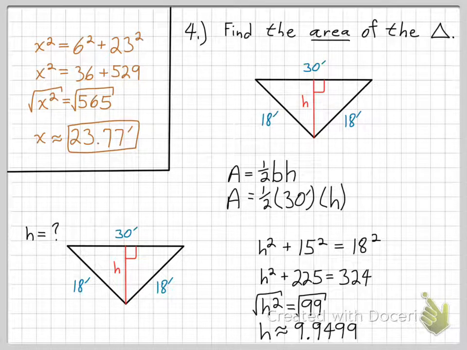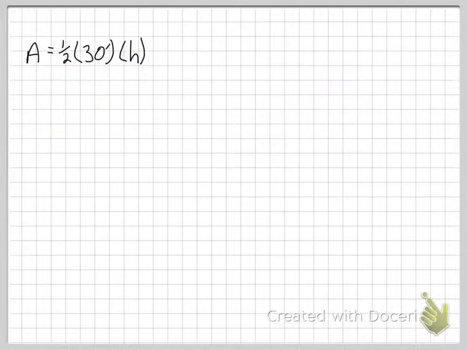Your calculator carries 18, 21, or 23 places behind the decimal point, depending on what brand of calculator you have, so it's even more accurate. So don't round until you get to the very end of your problem.